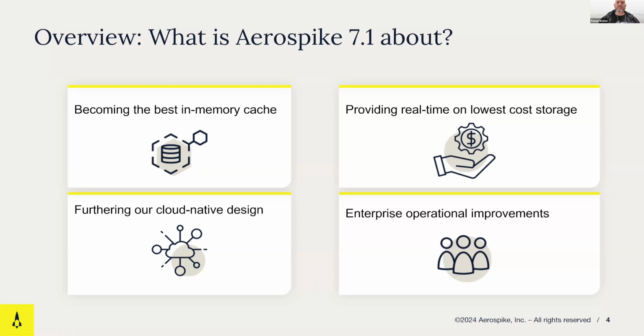But these are milestones, right? 6.4, 7.0, 7.1 are all milestones on the way to support for multi-record transactions. So in previous releases, Aerospike was Jepsen certified as having linearizability, the ability to do linearizable reads under strong consistency.